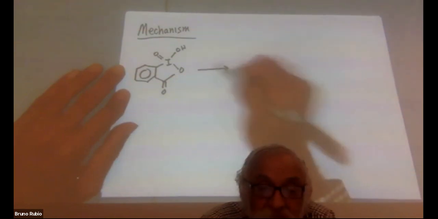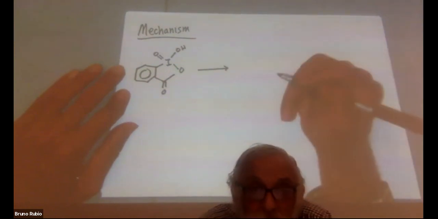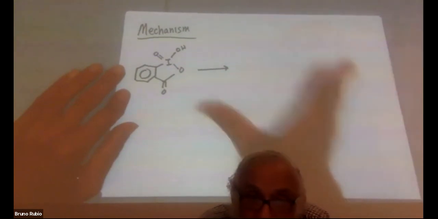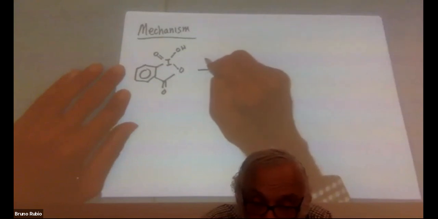So that iodine is obviously the electrophile, right? Because it's extremely electron deficient. Its electrons are being sucked away by all of these oxygen atoms.